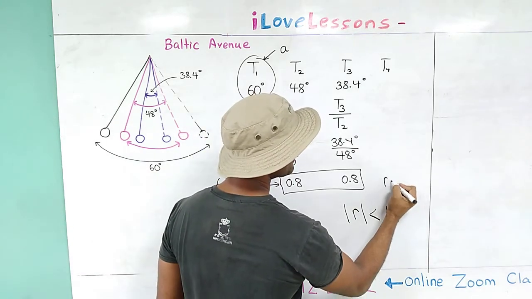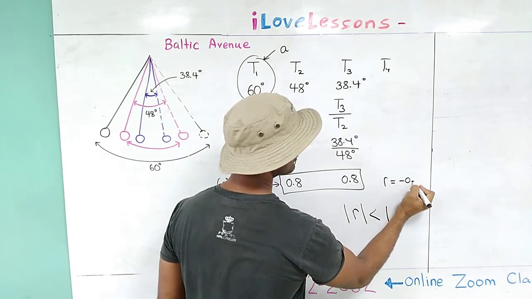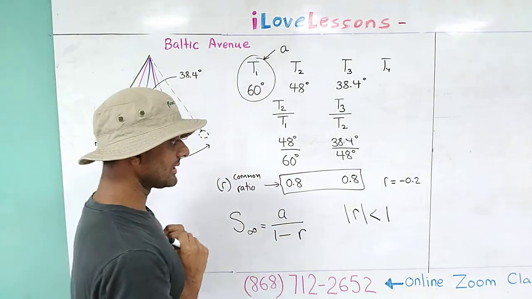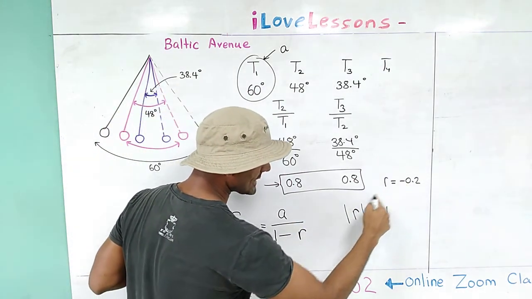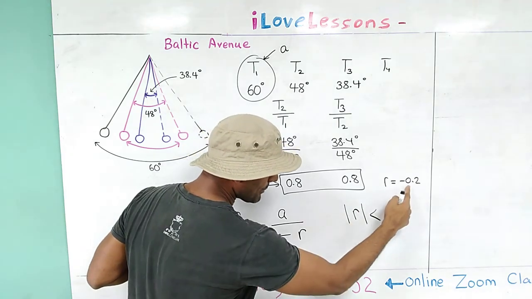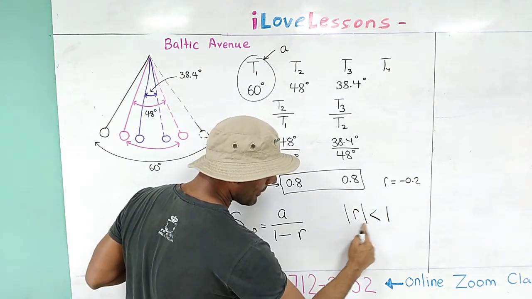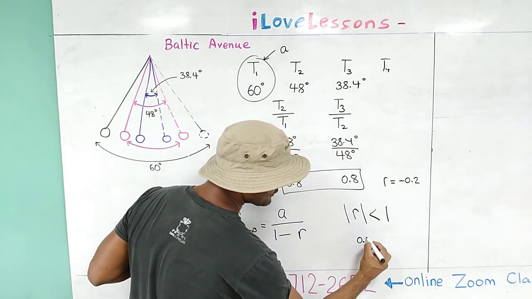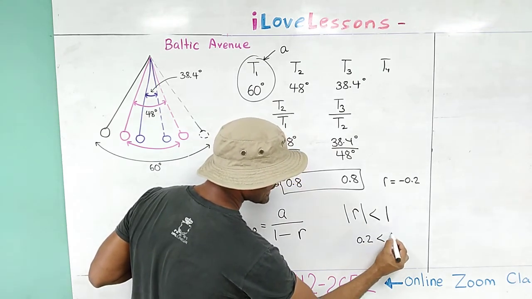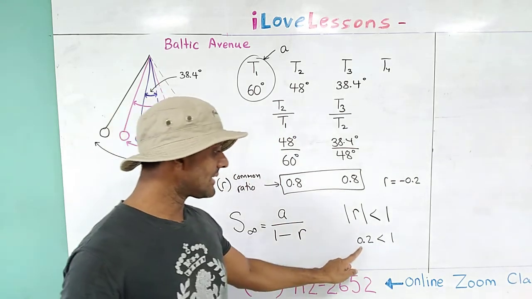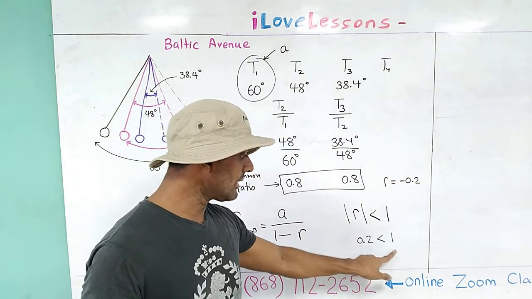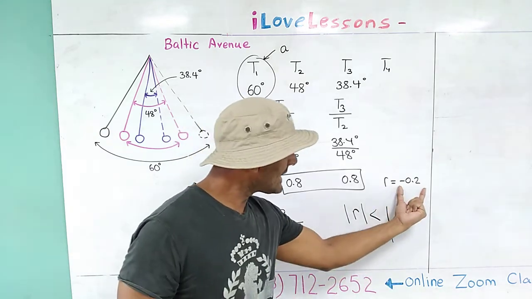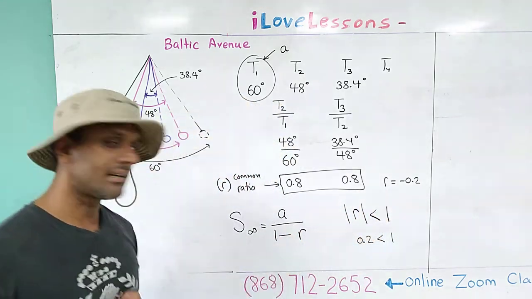Let's say I have a common ratio of minus 0.2, and I want to make sure it's fit for this formula. When I put the number inside here, no minus signs are allowed, so you take off the minus sign and you end up with 0.2. Ask yourself, is this number less than 1? Yes, 0.2 is less than 1. So yes, I can use this value inside here.